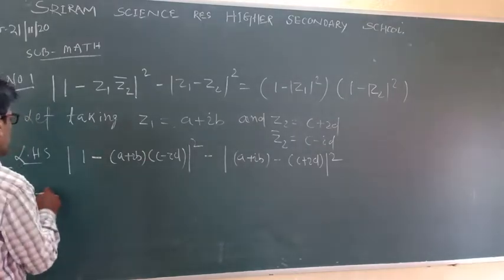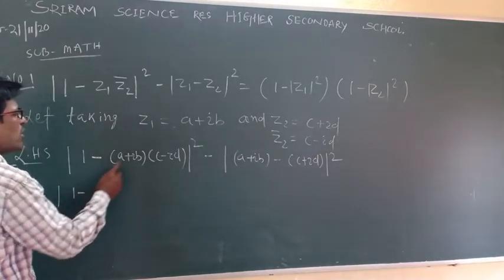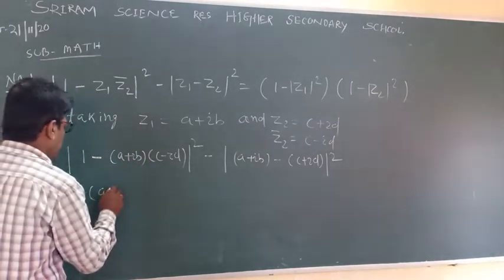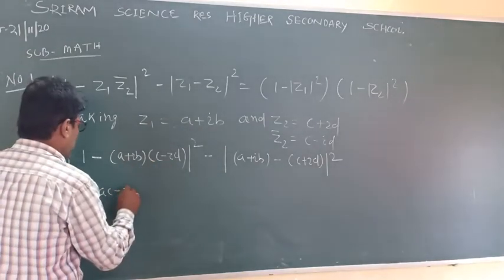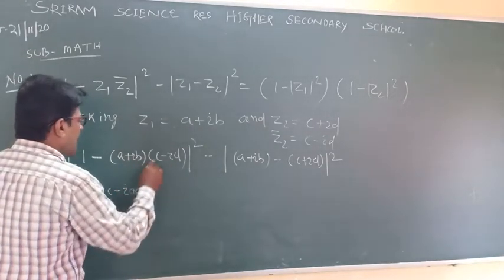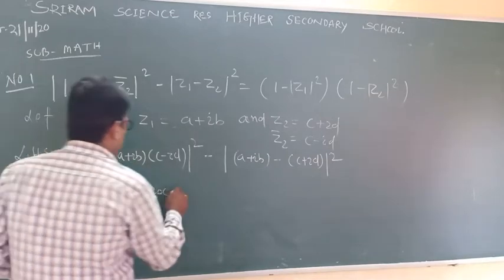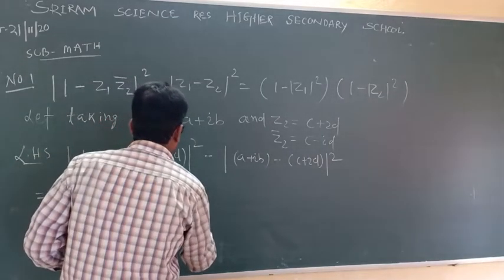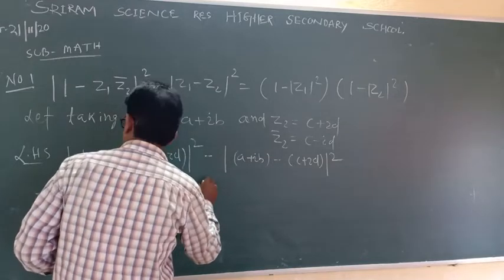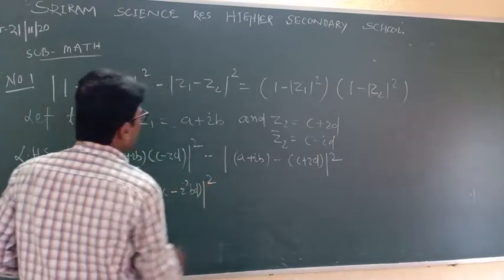You know the multiplication of complex numbers. So you simply multiply: 1 minus of A into C, minus of IAD, plus of IBC, minus of I square BD, whole square.